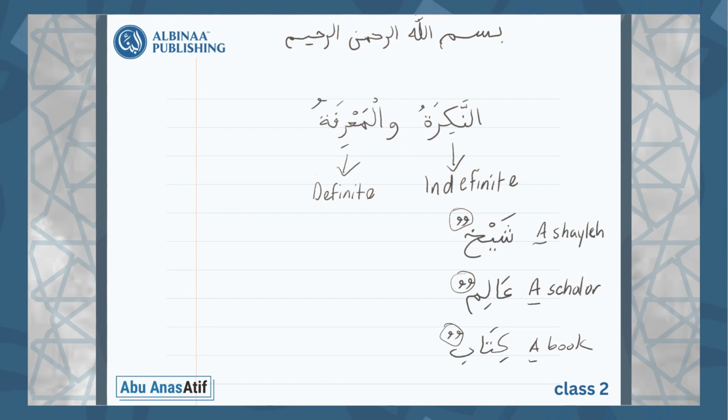Now, I want to make these words ma'rifah, which is definite. So let's do this. I'm going to write the same words here: sheikh, alim, and kitab.